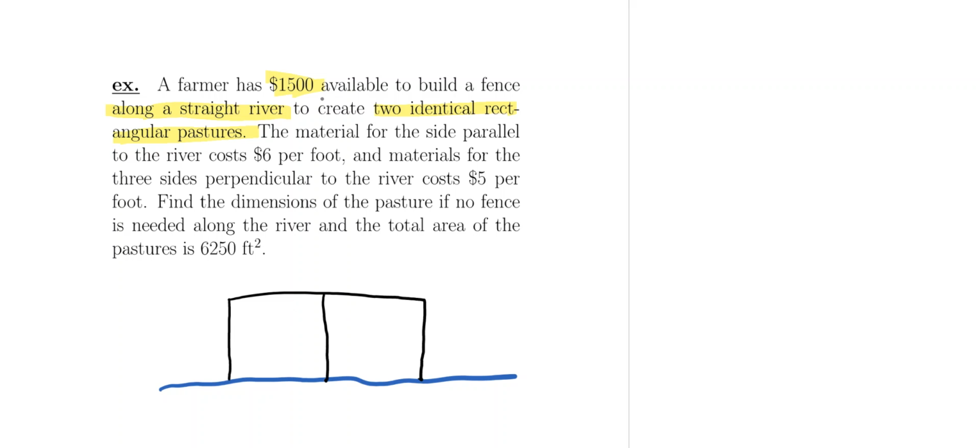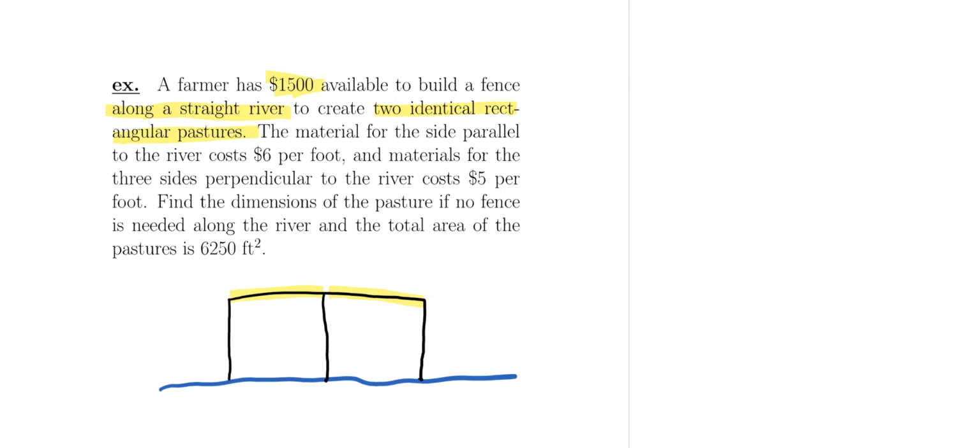And he has $1,500 available to build this fence. The material for the sides parallel to the river, this one and that one, the sides parallel to the river, costs $6 per foot.